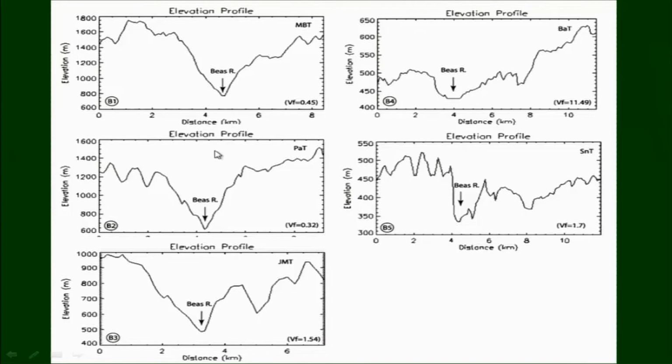all this information you can extract. If you look carefully, the VF value here is 0.45, the VF value at Palampur thrust is 0.32, whereas the VF value here is 1.54, relatively wider than these two.